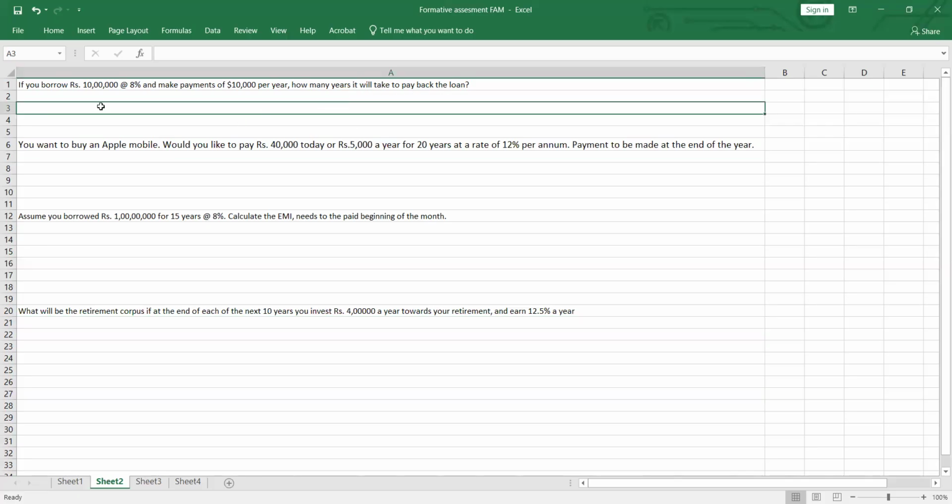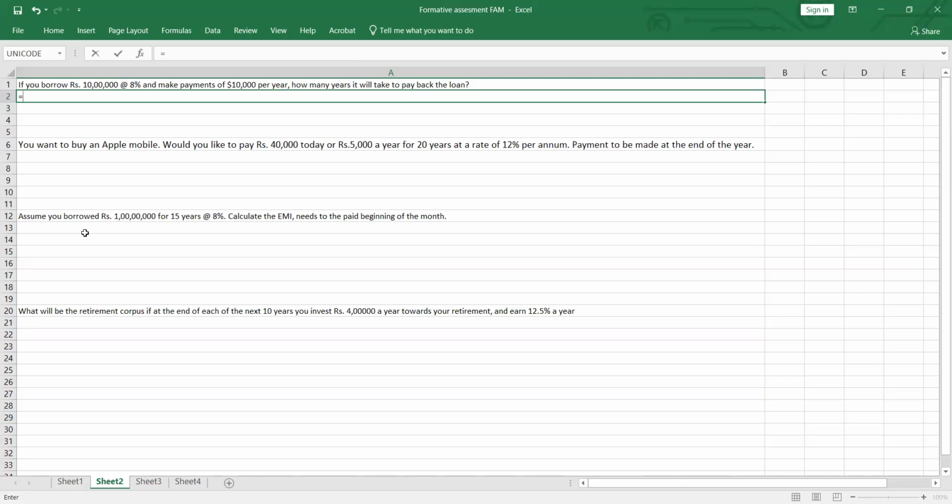We know the loan, the interest rate, and the payment, like PMT. We make a payment of 10,000, but we don't know the period, so we will calculate the NPER. Use the formula NPER.